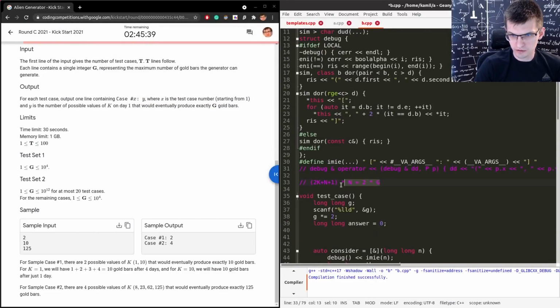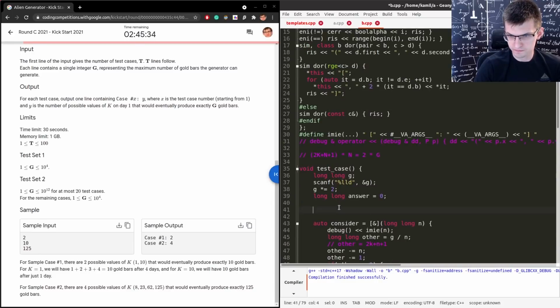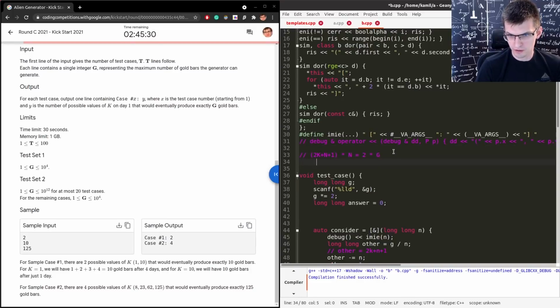Was I right here? I think so. For n equal to 1, what do we have? This is like k equal to 9, I think is what we get.